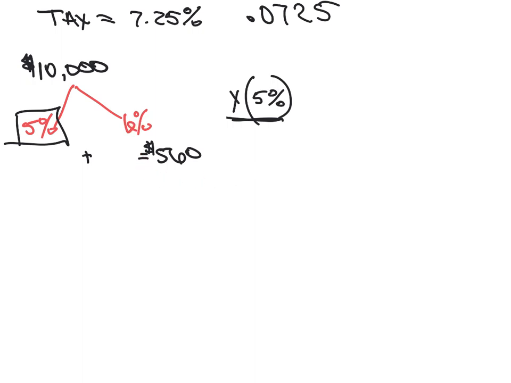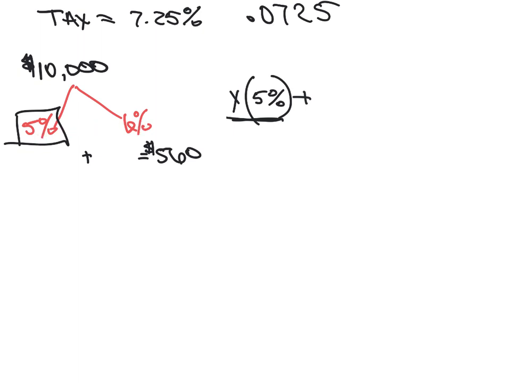So how do I find out how much I invested at 6%? Because if I invested X at 5%, what I invest at 6% is what's left over of that 10,000. So if I invested $4,000 at 5%, I have $6,000 left to invest here. So how do I write what is left after I invest at 5%?